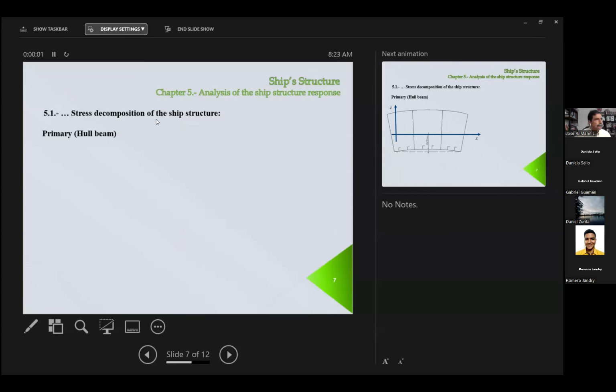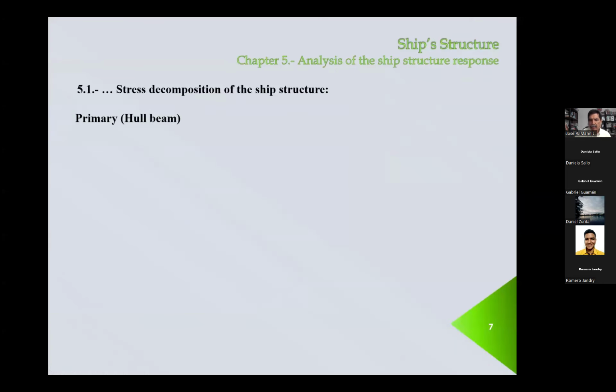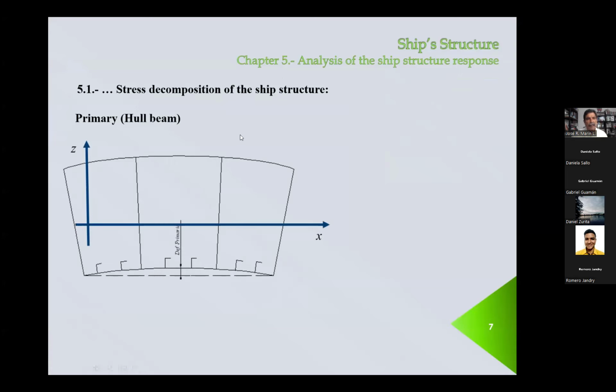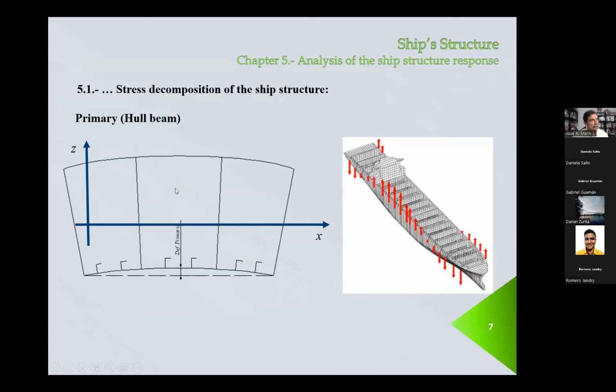Okay, so let's say a couple of words about the primary hull beam. So this is the side view of the ship structure, and in this case we have pressure.